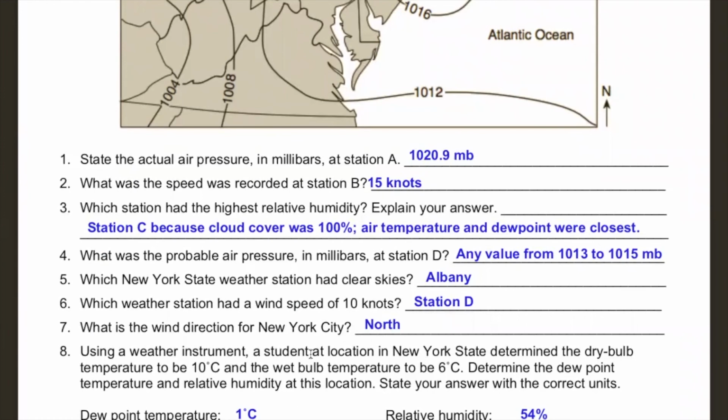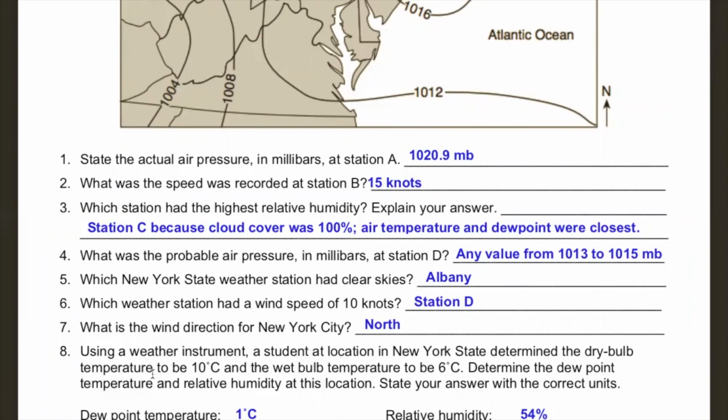Okay. Using a weather instrument, a student at a location in New York State determined the dry bulb temperature to be 10 degrees C and the wet bulb temperature to be 6 degrees C. Determine the dew point temperature and relative humidity at this location. So we got 10 and 6. I'm glad it's on here because we need to use our ESRT.